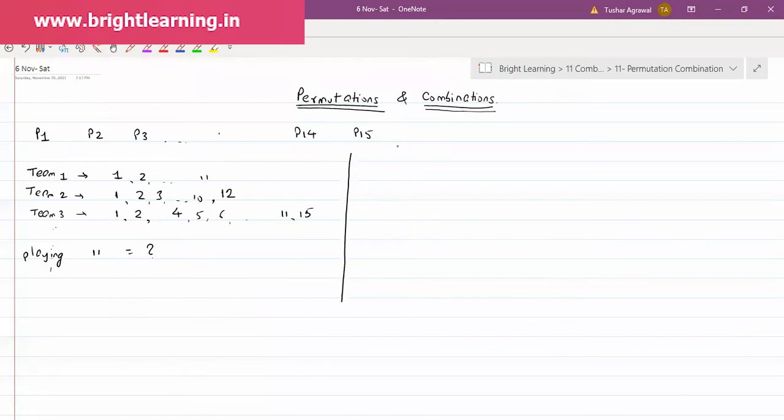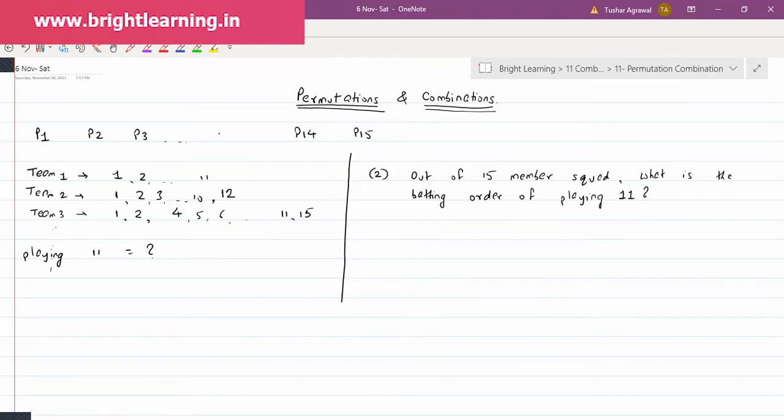Now the second type of question that I'm asking you is, out of the 15-member squad, what is the batting order of the playing 11?